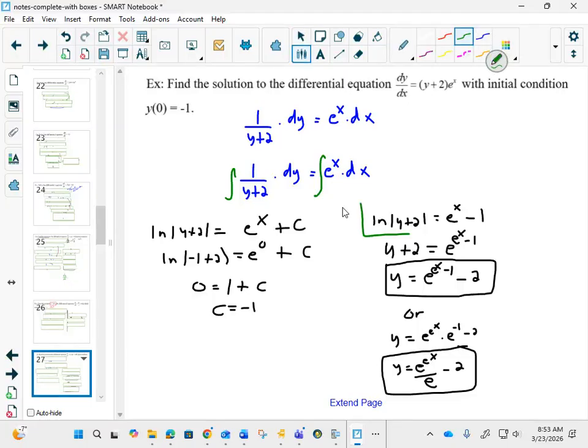So this is the typical place that we get to. And then if we want to get the y by itself, we're going to have to use our exponent laws. I think I like this one best.